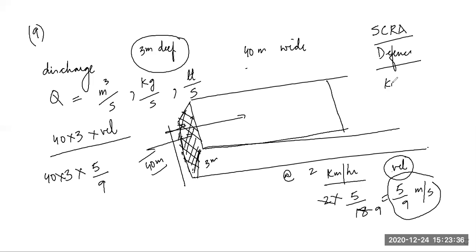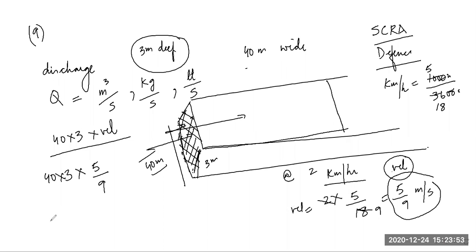Kilometer per hour is equal to 1000 meter divided by 3600 seconds. So this is correct, 2 5s are 10, 2 18s, 5 by 18, correct. 5 by 9 meter per second is the velocity of the water. All right, guys.